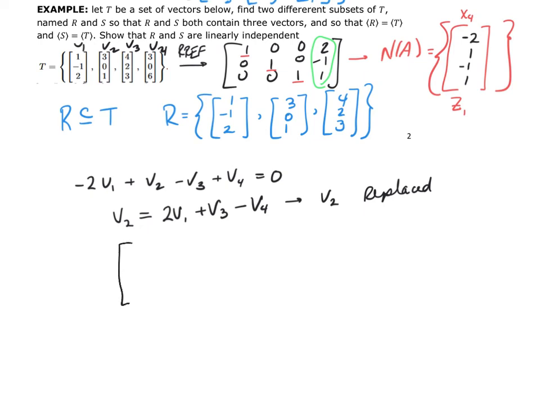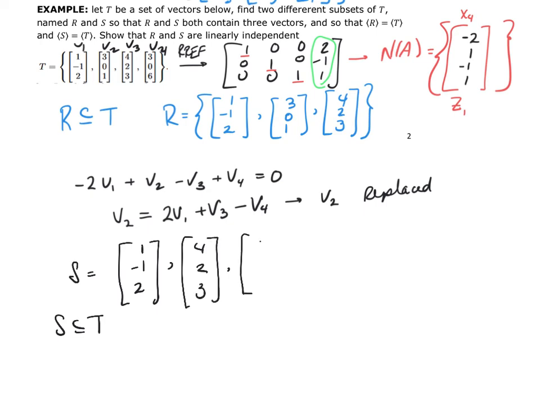I'm going to call this S, which is a subset of T. I'm going to use the first vector, which is (1, -1, 2), the third vector, which is (4, 2, 3), and then the fourth vector, which is (3, 0, 6).